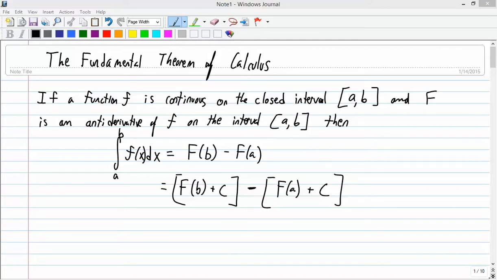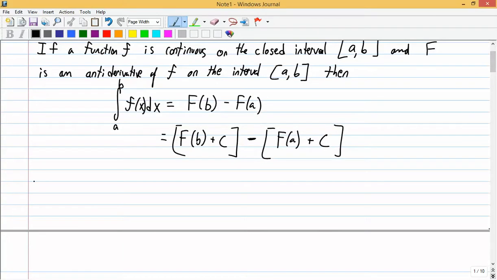Okay. So I'm going to work just a couple more antiderivatives, definite integrals, and I'm going to work one type that you don't see a lot, but whenever you do see it, students usually have a little trouble with it.